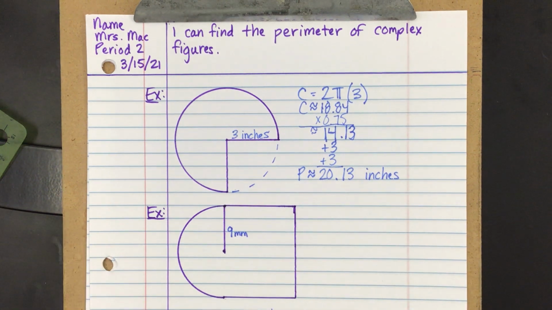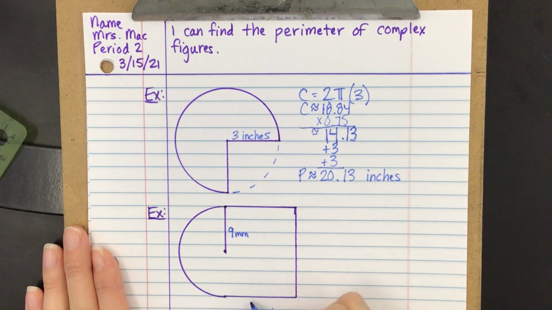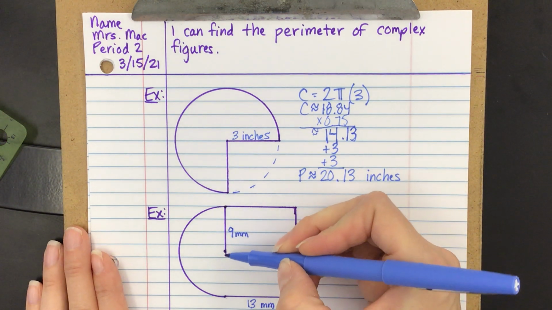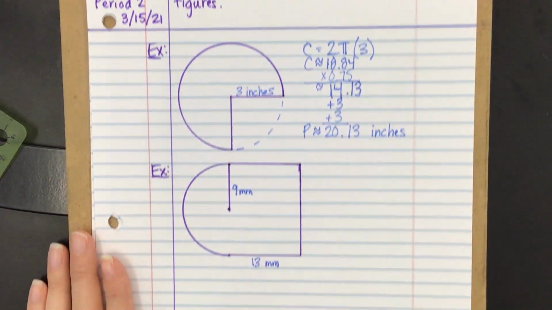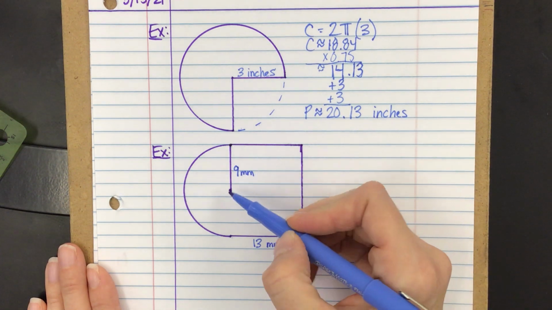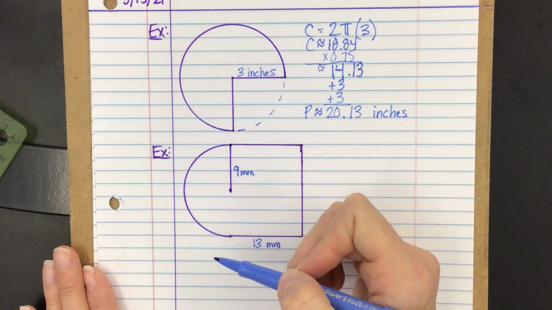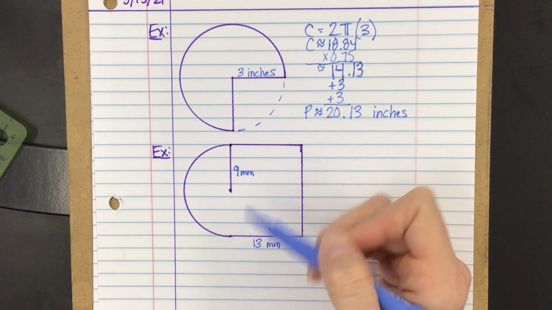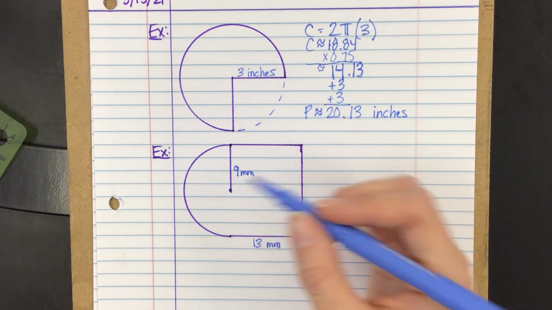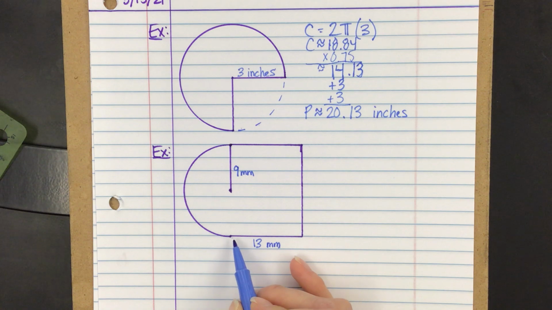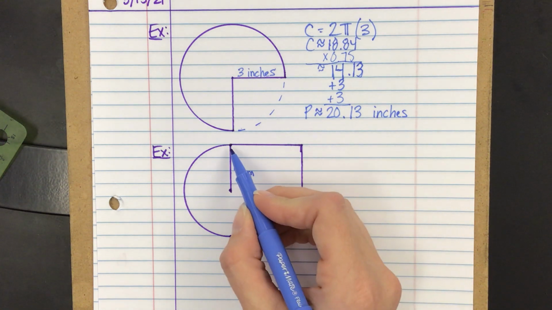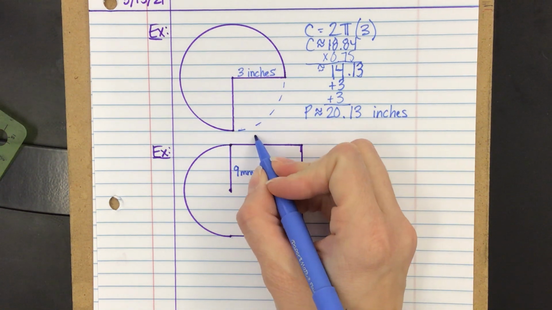Okay. You're given a couple different things here. The radius is 9 millimeters. So we're going to use that radius to find the circumference, but we only have half a circle here. So once we find the circumference, we're going to want to divide that by 2. Then if this length is 13, then this is 13.